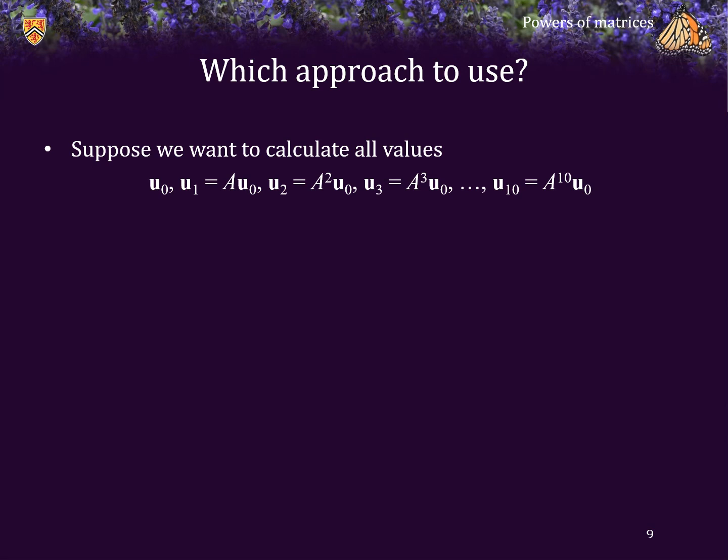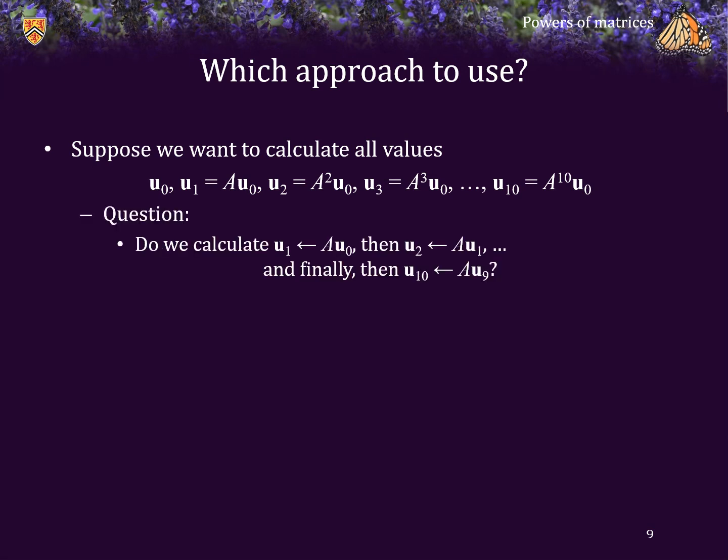In this case, suppose we wanted to calculate u naught through u10, therefore having to calculate A to the k times u naught for k going from 1 to 10. Question: do we just calculate u1 by multiplying u naught by A, and then calculate u2 by multiplying u1 by A, and so on and so forth until we get u10, which is assigned the value of A times u9?